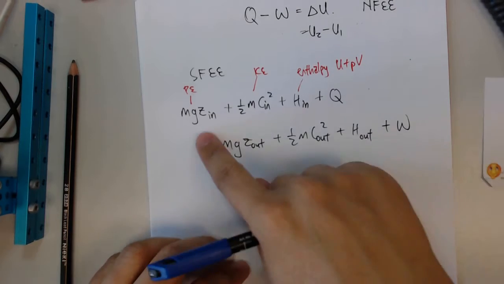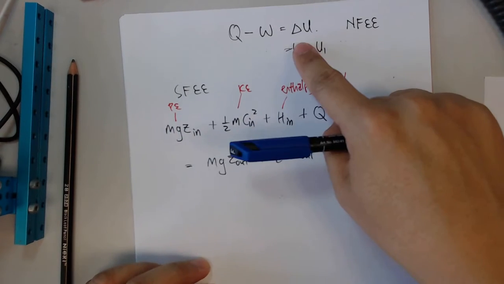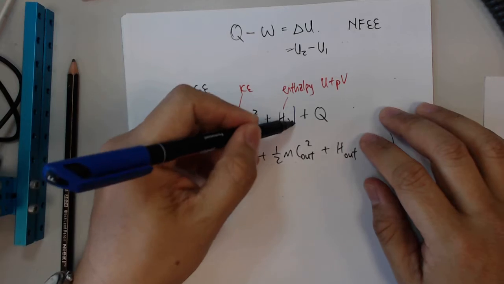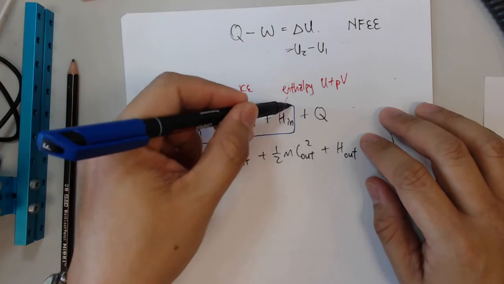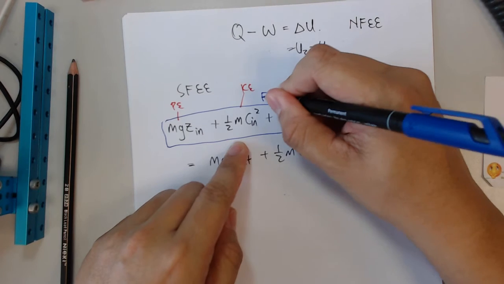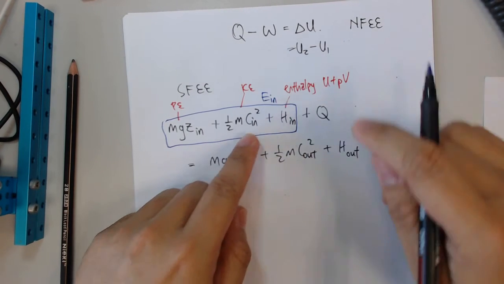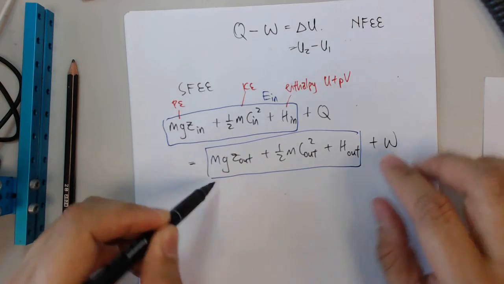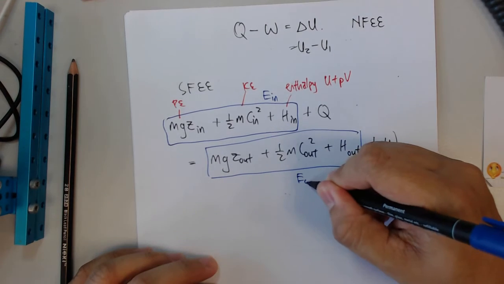It might look quite different from the closed system, but if you look at this carefully, I always like to tell my students, this is an energy state at the inlet, I can call this E in, and this is an energy state at the outlet, so this is E out.